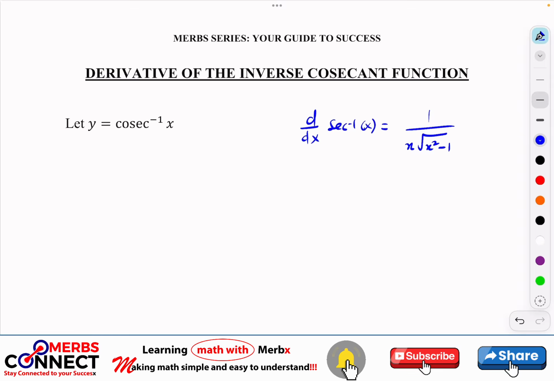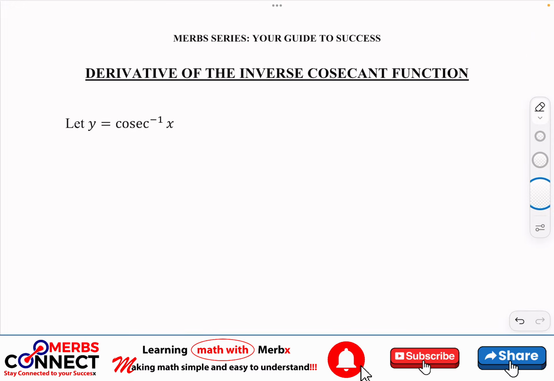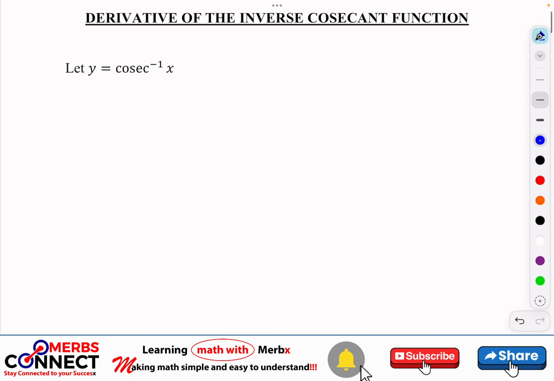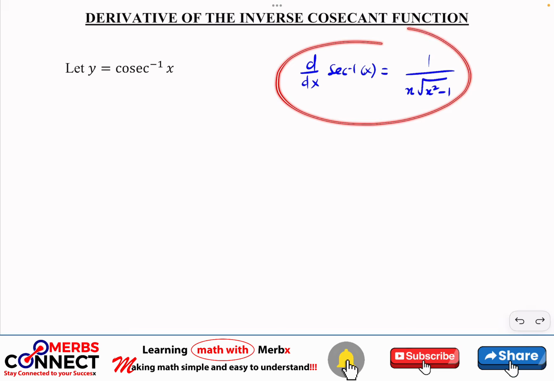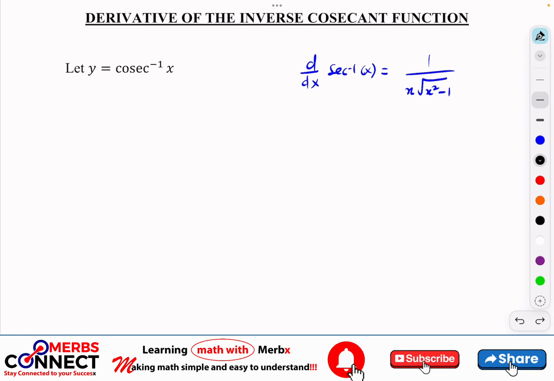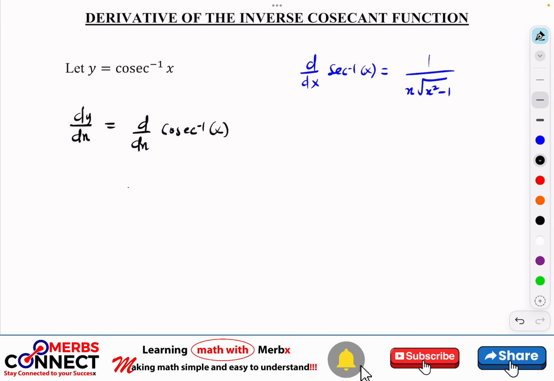So let's just figure out what we are going to do here. As we saw from this, if I want to differentiate y with respect to x, which is d over dx of cosecant inverse of x, this is going to give us minus 1 divided by x square root of x squared minus 1.